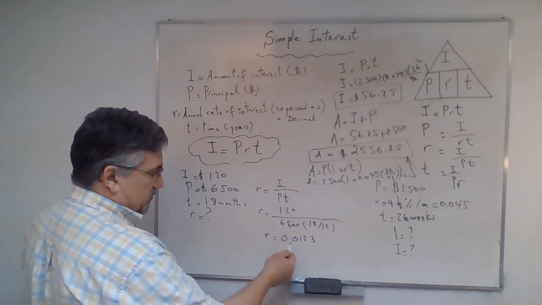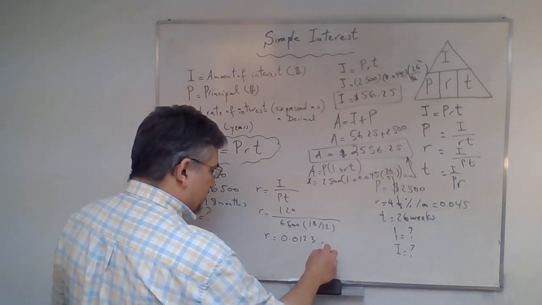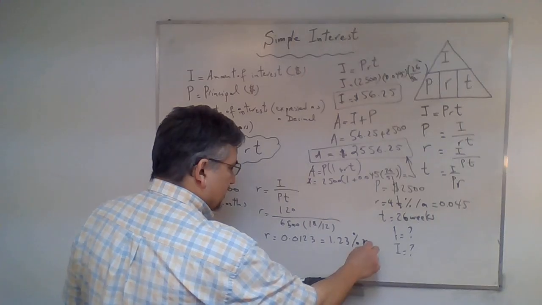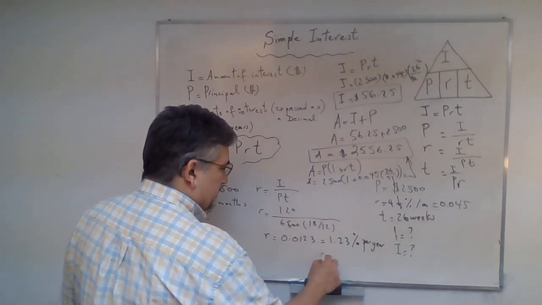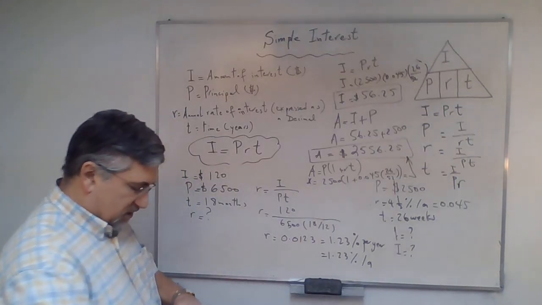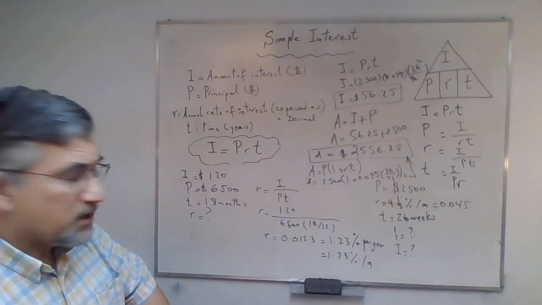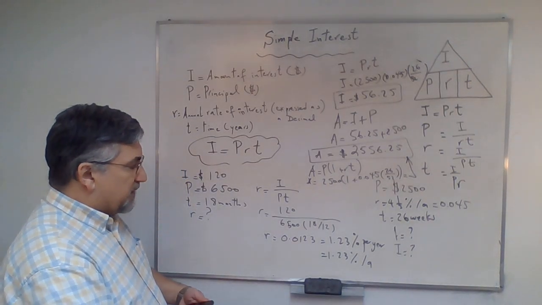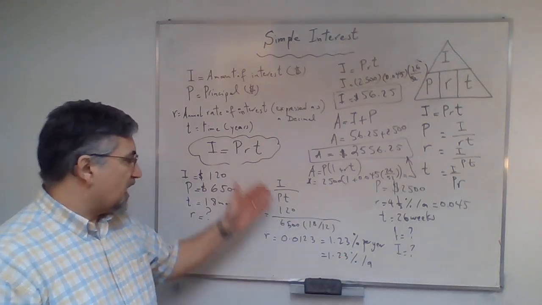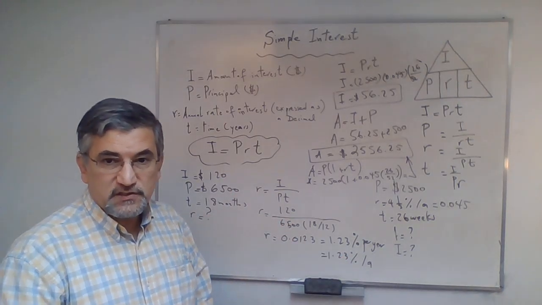So this is expressed as a decimal. So that would be 1.23% per year, or you may write 1.23% slash A. Slash A means per annum or per year. So the rate of interest in this bank apparently was 1.23%. And this is how we calculated the rate of interest, okay?